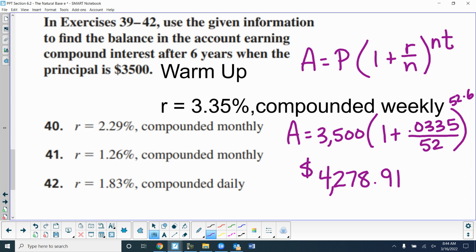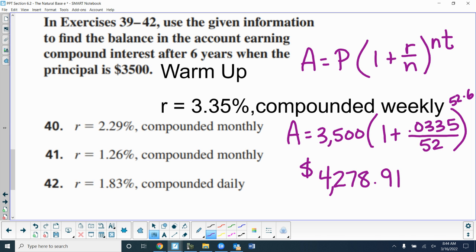All right, looking at the worksheet. Number 1 was decay because the base was less than 1, right?